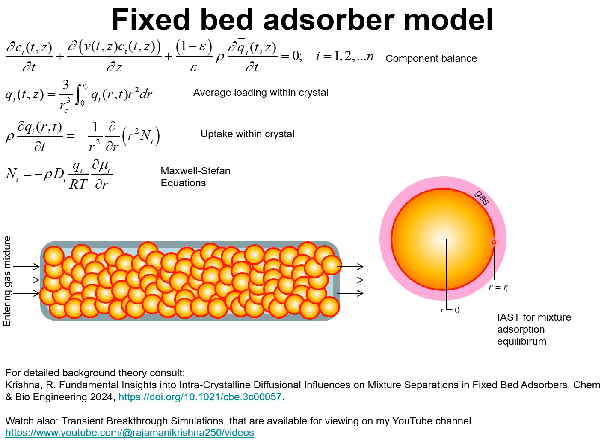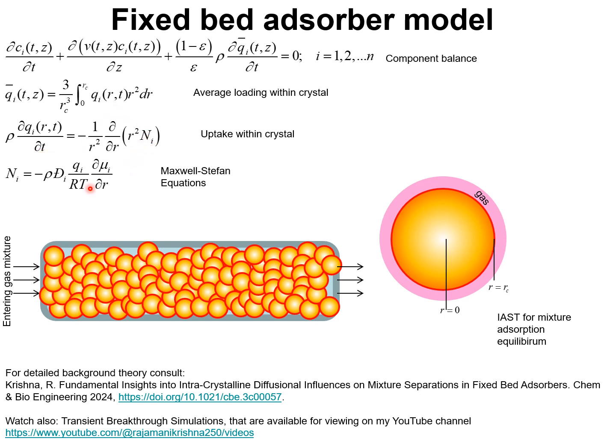The surface of the crystallites is assumed to be in equilibrium with the gas mixture surrounding that crystallite, and the mixture adsorption equilibrium is described using the ideal adsorbed solution theory.